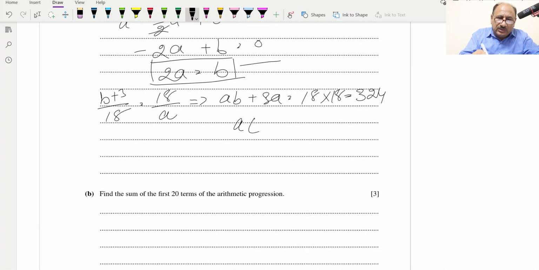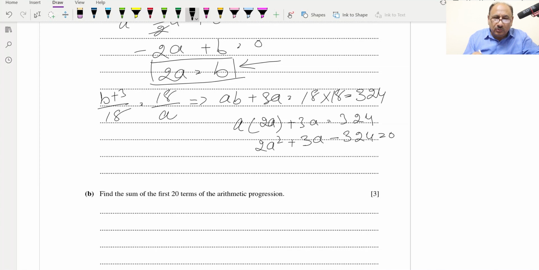Instead of b we write this value in terms of a, so 2a squared plus 3a is equal to 324.